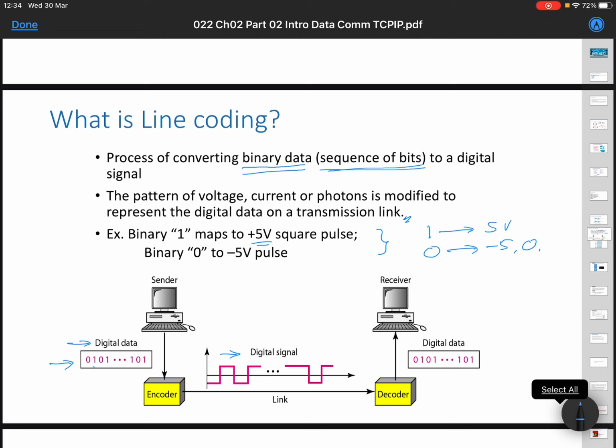So the sender sends digital data, and through the link the encoder will convert the digital data into a digital signal and send it through the transmission link. At the decoder, the digital signal will be converted back into digital data, 010101.